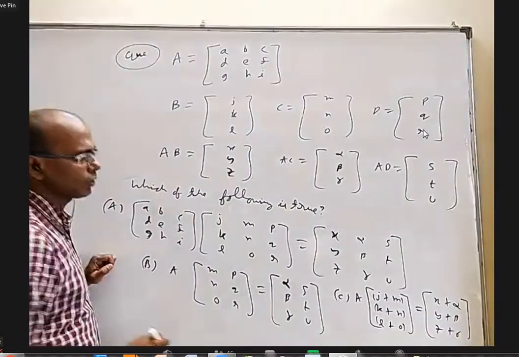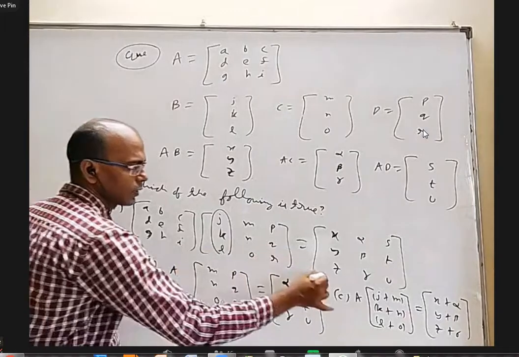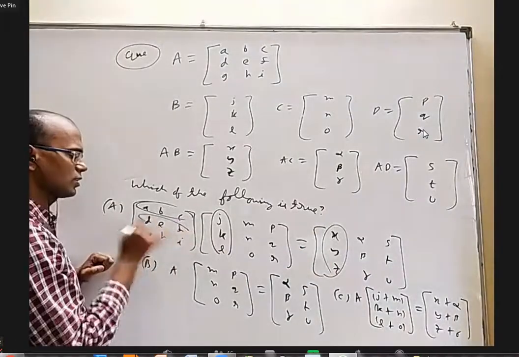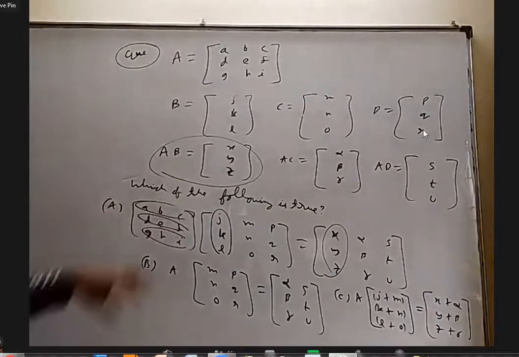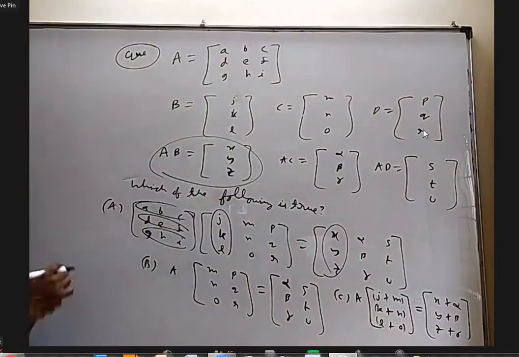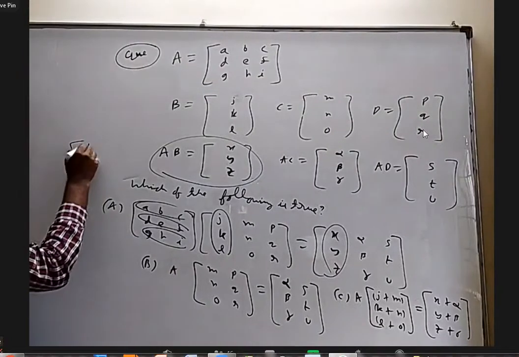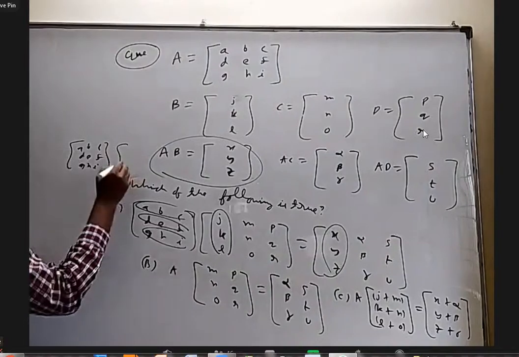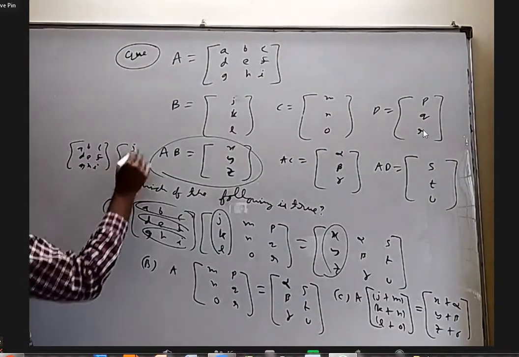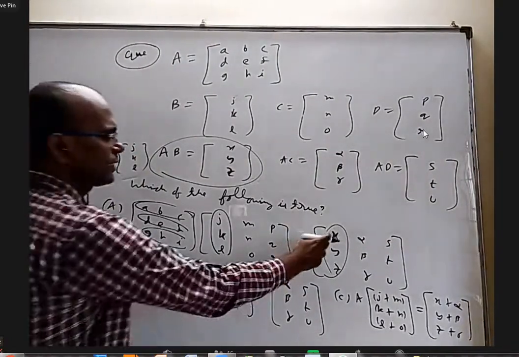Why? Because you can see how these three rows will just cover this much. That's all, nothing else. Because according to AB, what is your AB actually here? A, B, C, D, E, F, G, H, I into J, K, L. What is this X?